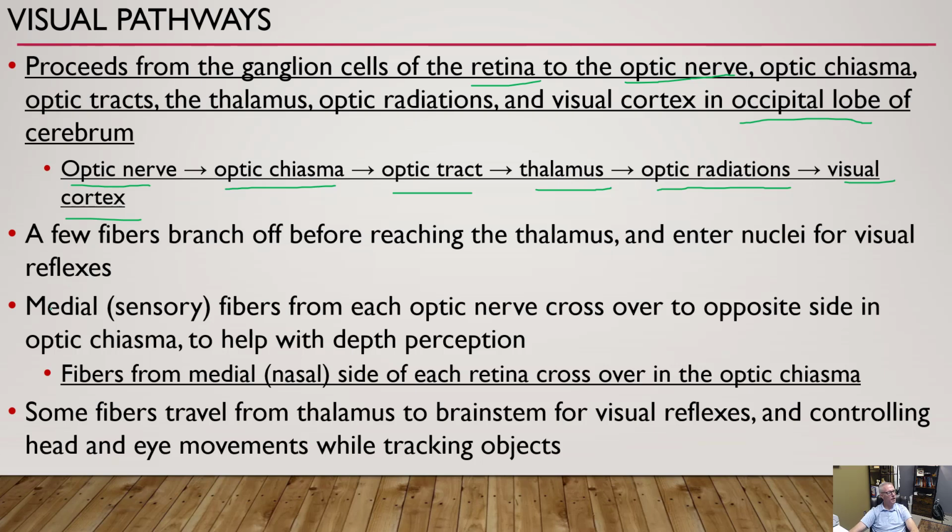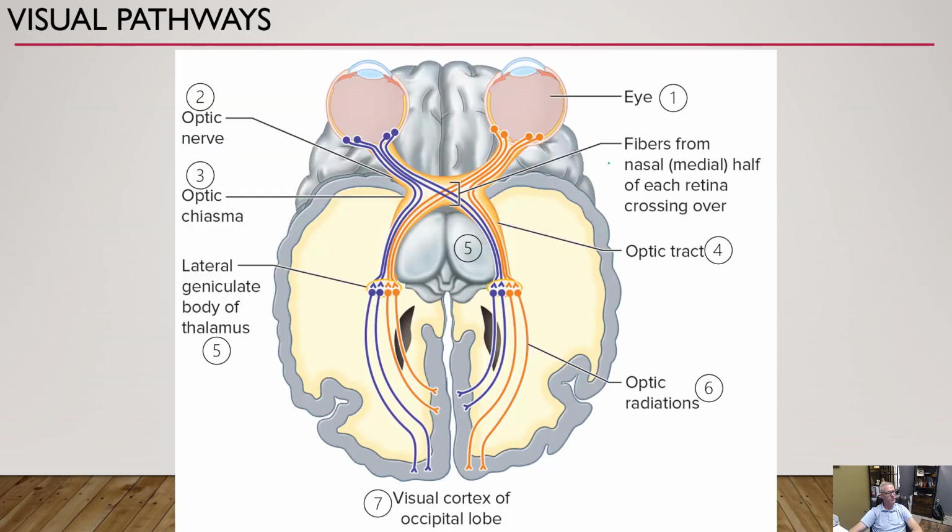All right. Remember that the left side of the brain controls the right side of the body and everything, so that we had that crossover. We'll see that crossover on the next slide. So here we have the eye. Depending on what part of the eye we're talking about, we're going to see that crossover in different sections.